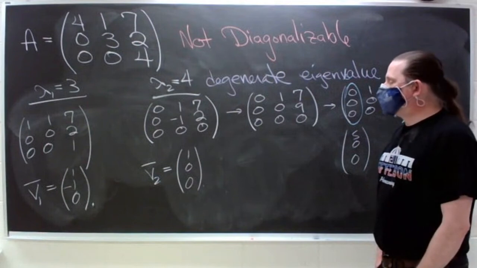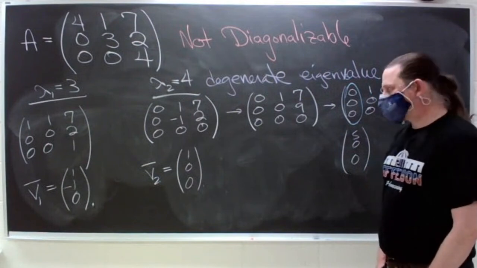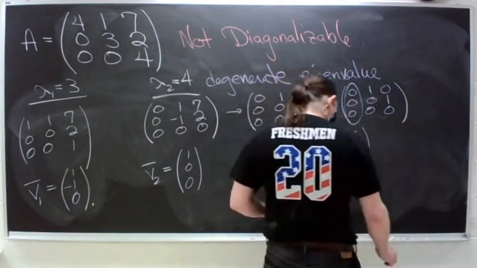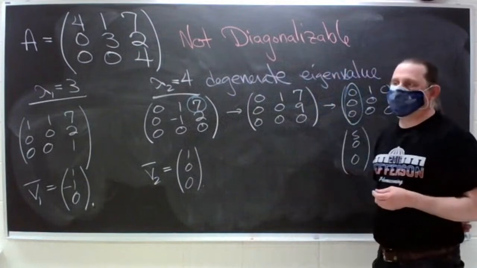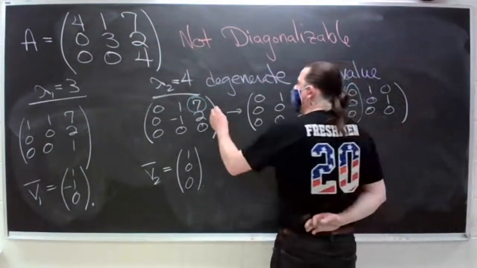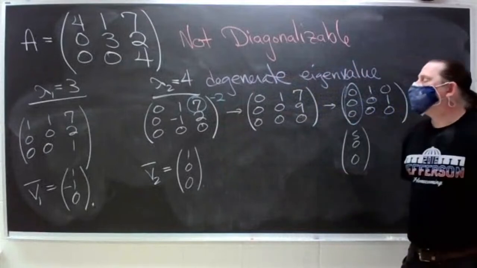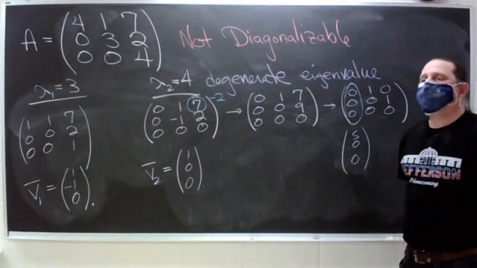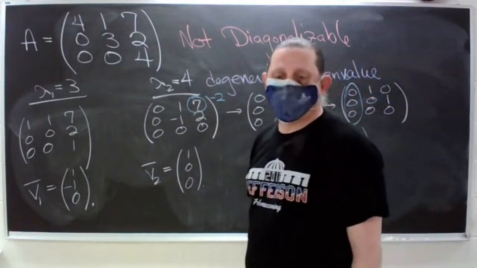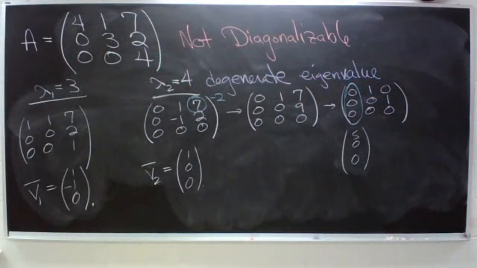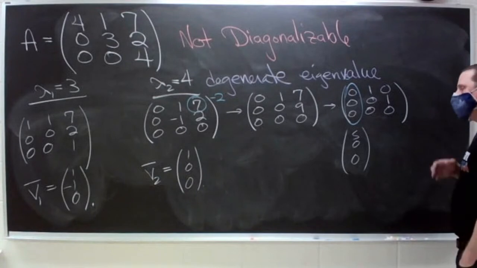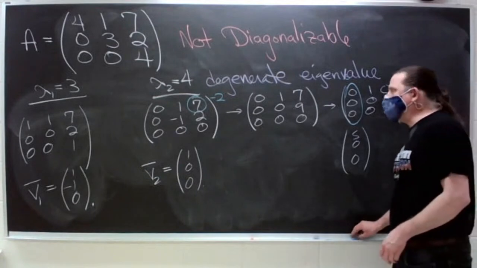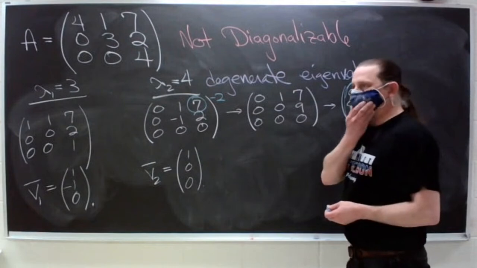That depends on the details of the matrix. In this example, had this number not been a 7, but instead a -2, then the degenerate eigenvalue would have lived up to its claim. The matrix would be diagonalizable.